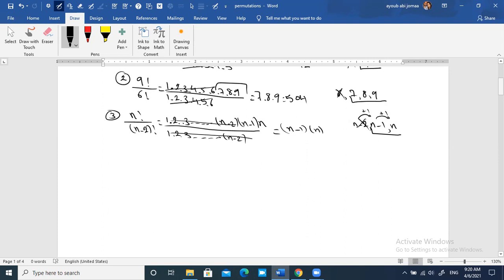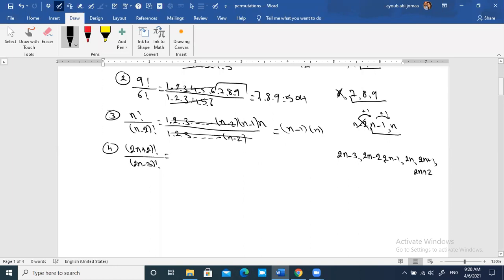That's it. Another example. Let's say you have 2n plus 2 factorial over 2n minus 3 factorial. 2n minus 3. Then 2n minus 2. You add 1: 2n minus 1, 2n, 2n plus 1, and then 2n plus 2.